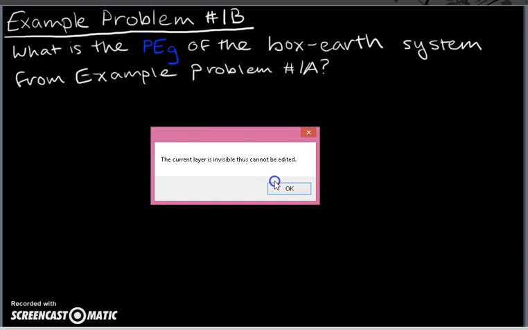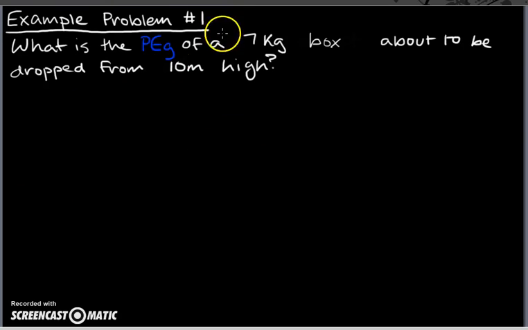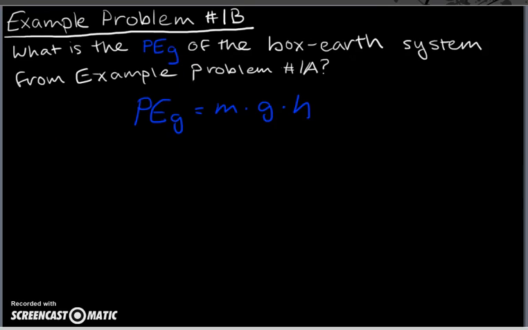So we know that potential energy of gravity is equal to m times g times h, and within this problem our mass is 7 kilograms and our h is 10 meters. And for the purposes of this video, I'm going to say that g is equal to 10 newtons per kilogram, although in reality it's closer to 9.81.